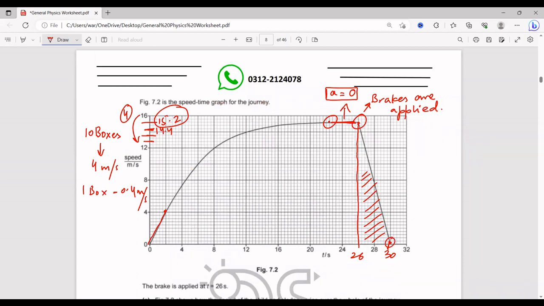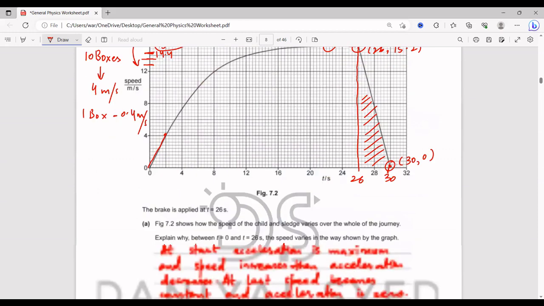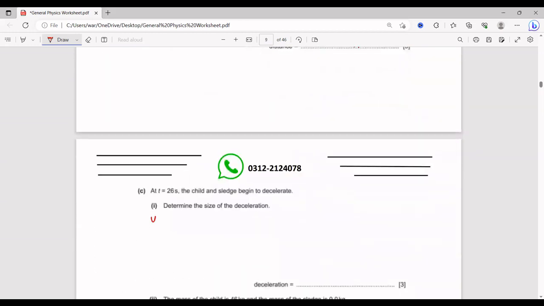This point is (30, 0), and this point is (26, 15.2). You have to calculate the gradient. The formula is y2 minus y1 over x2 minus x1. Y2 is 0, y1 is 15.2, and it will be 30 minus 26.